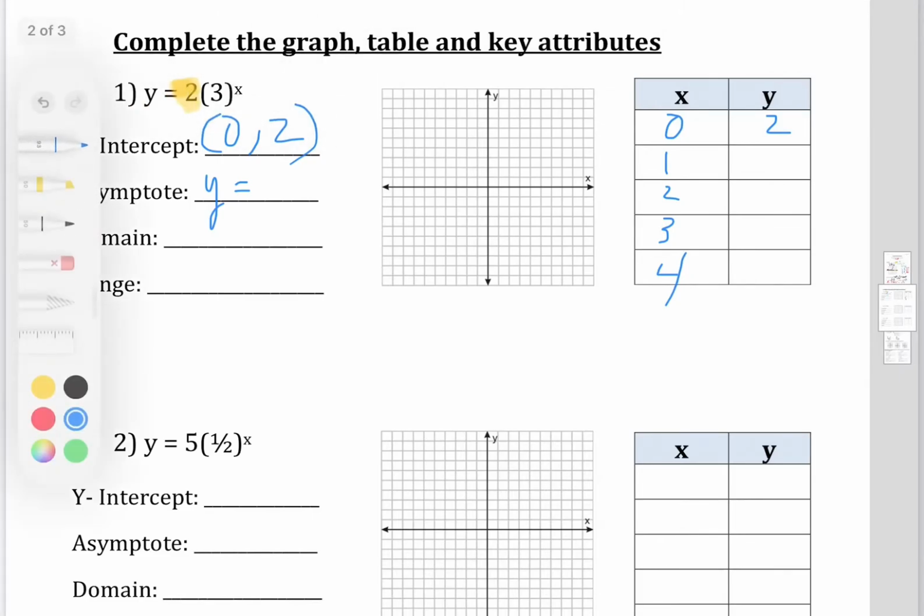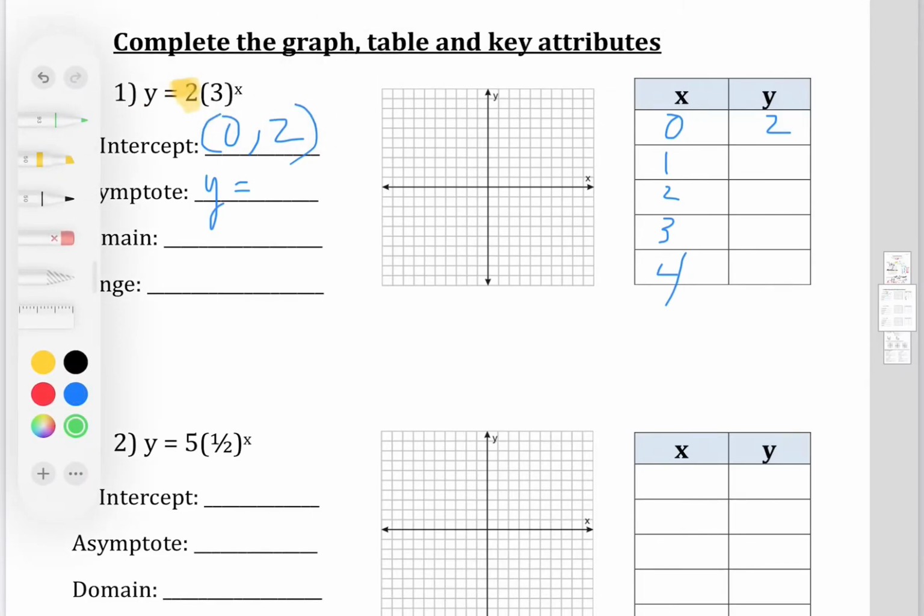So in this one here, I start with a number 2, because that's my initial value. In this one, I have a multiplier, that's a number 3. So that means that each y value, we're going to multiply them times 3.